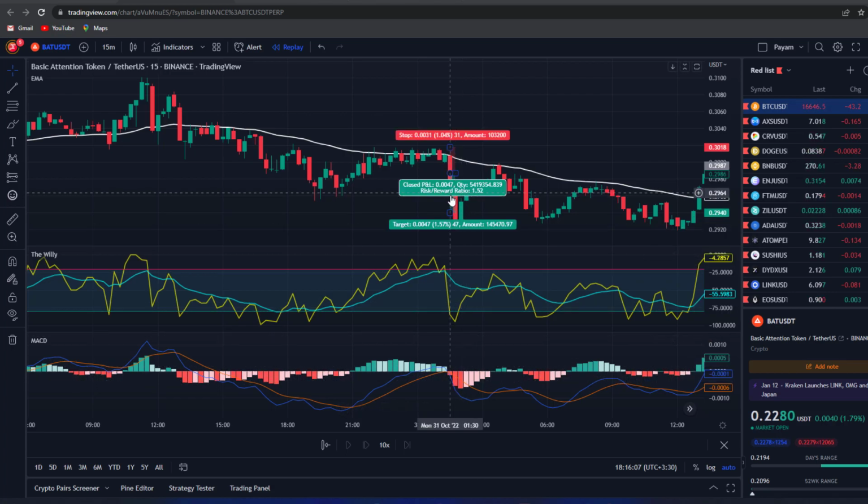And in less than 30 minutes or maybe even 20 minutes, we have had a profit of 1.5% with a ratio of 1.52. And the stop loss, I didn't even put it exactly on the EMA. As you can see, I put it somewhere around here.